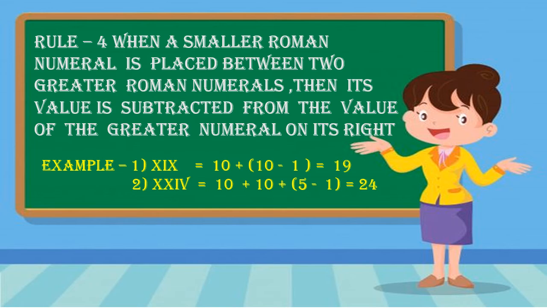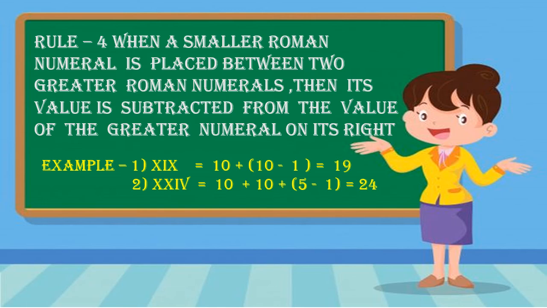Since I is the smaller numeral and it is placed between two greater numerals, its value is subtracted from X on its right, that is equal to 10. So, XIX equals 10 plus 10 minus 1, which is equal to 19.